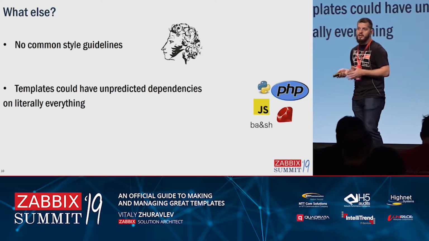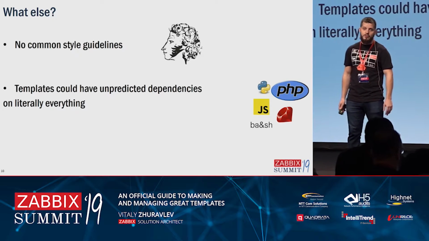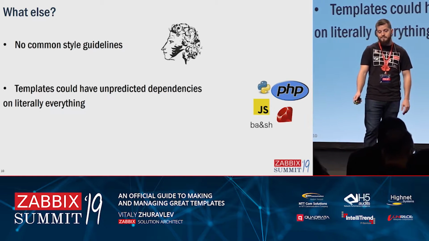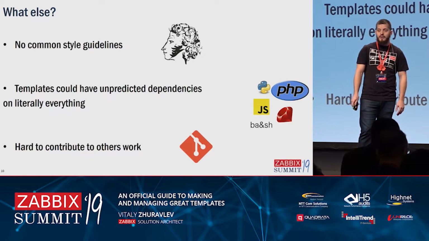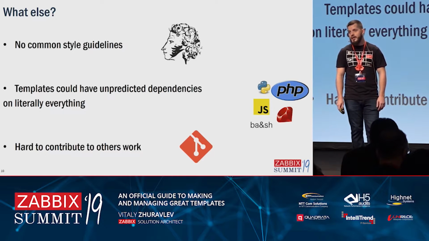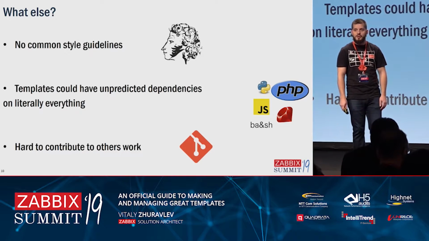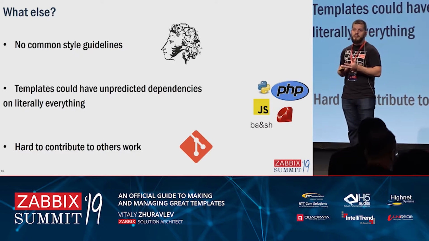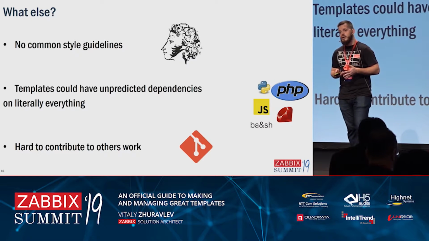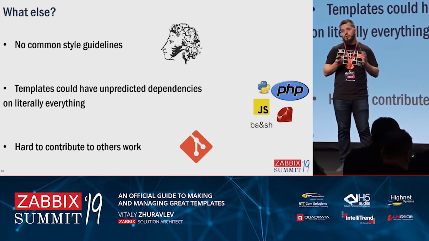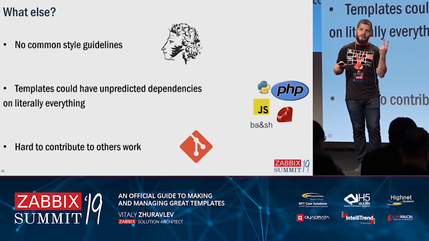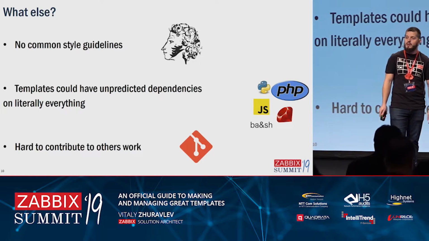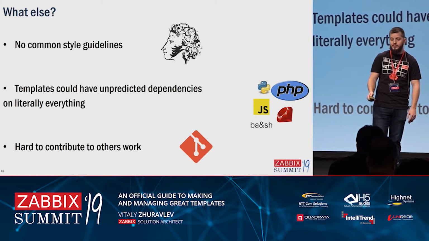And those scripts come in different languages, so templates are sometimes not so easy to install. And finally, templates were in such shapes that it's not easy to contribute to someone else's template. If you find a template that you might use, you would simply clone it and create your own copy. And now you have two templates again, instead of contributing your changes to the first template.